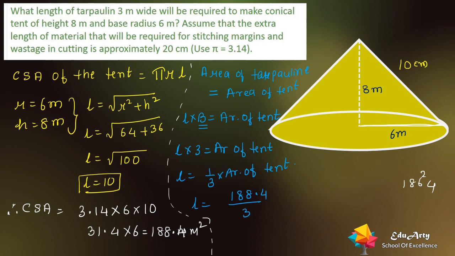Okay, so we can say this is equal to 6 (3 into 6 is 18), 2 (3 into 2 is 6), and 8 (3 into 8 is 24, giving) 62.8 meters. That will be your length. So how much length will you get? L is equal to 62.8 meters. This will be your length. Correct? This is equal to the length of the tarpaulin.